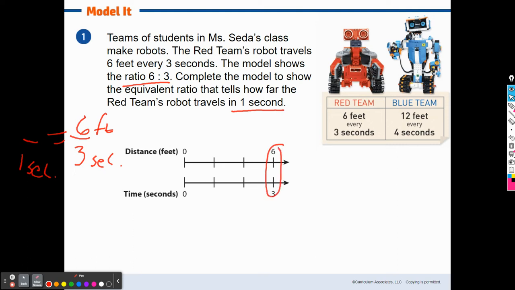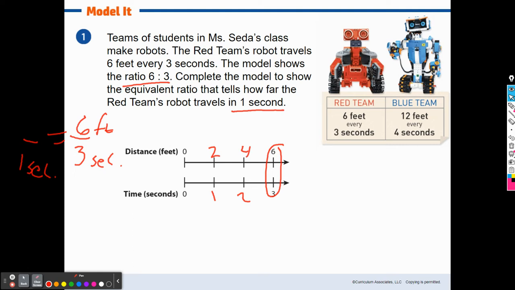If we remember before what we did with double number lines, we said, okay, we're making equivalent ratios here, right? So 0 to 3, that's 1, 2, 3 marks from the 0. So this is 1, 2, and then that gives me 3. Same thing up here. I have 3 marks, and I get to 6, which means 6 divided by 3 is 2. So this is 2, 4, and then we have our 6.